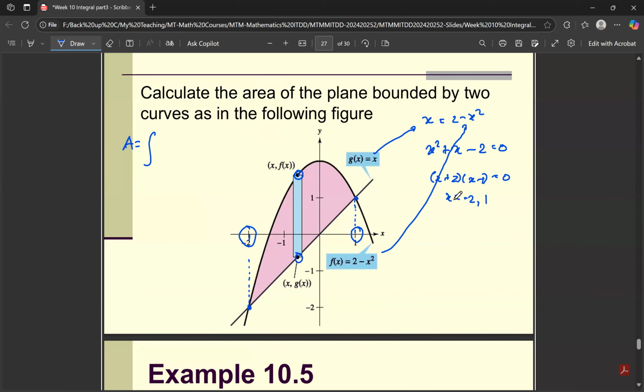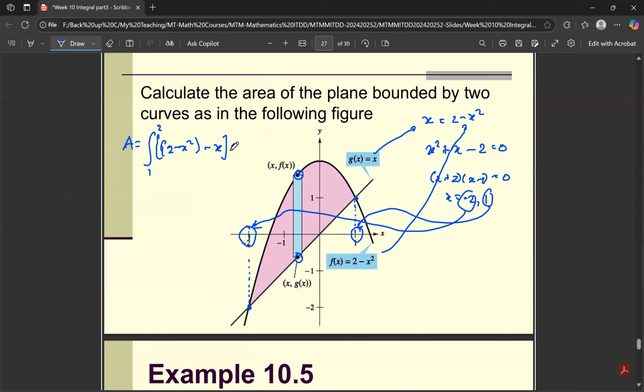So this is the lower limit and this is the upper limit. Here we have the integral from minus 2 to 1, and our top function is 2 minus x squared, subtracted by minus x, where minus x is the lower function.